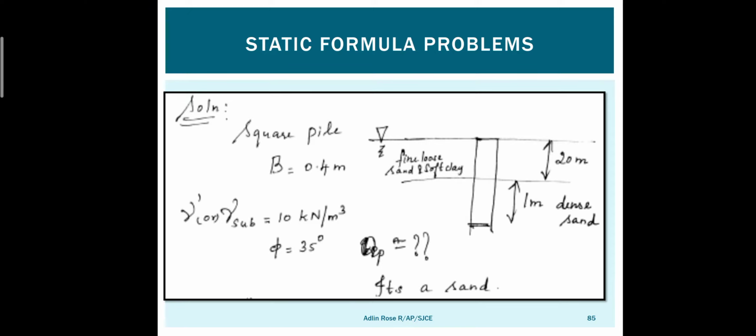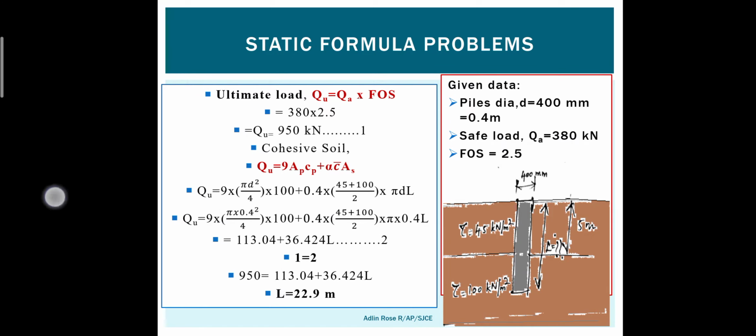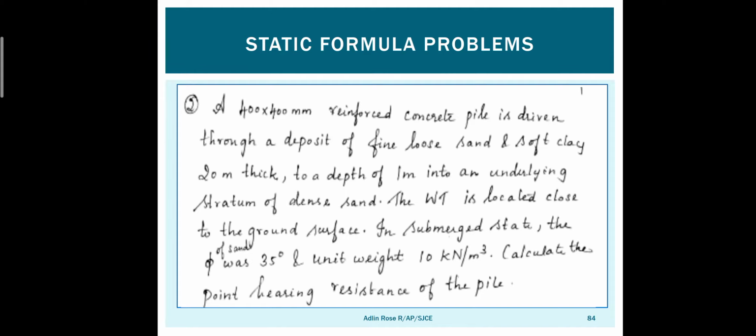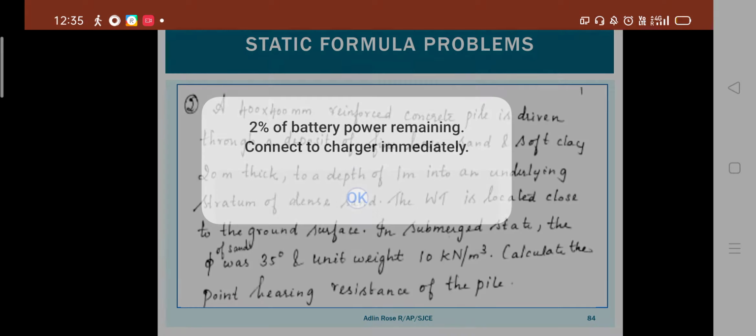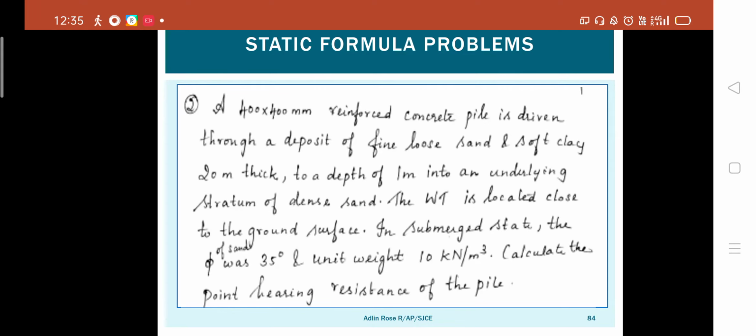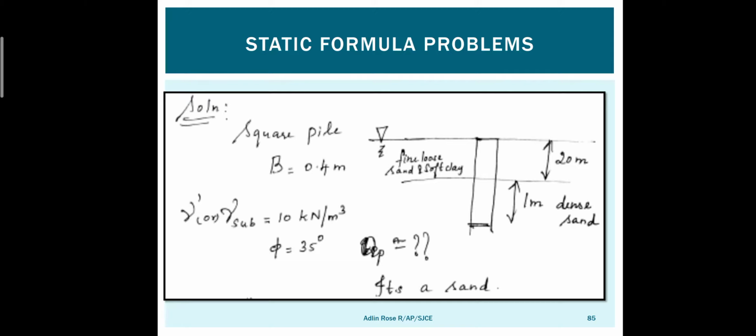So it is a square pile. Size is given as 400 by 400 mm. The size is given as 400 mm, and in meters, it is going to be 0.4 meter. 0.4 meter is the square pile size, and 21 meter is the total soil profile.